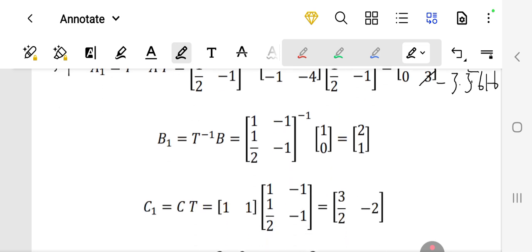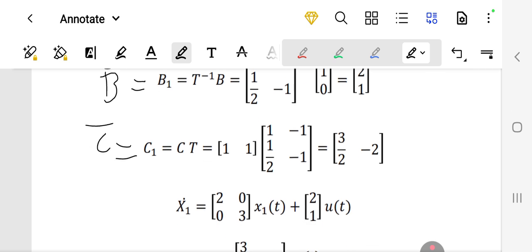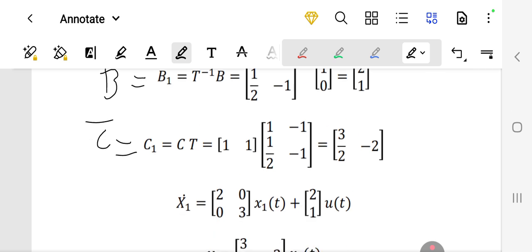The B hat matrix will be T inverse times B, and the new C matrix, C hat, will be C times T, where we multiply C times the T matrix and obtain C hat.